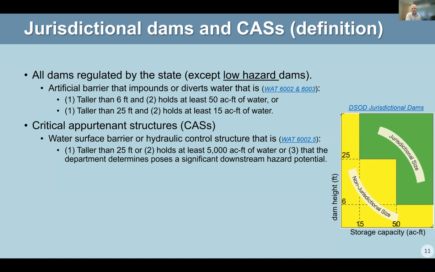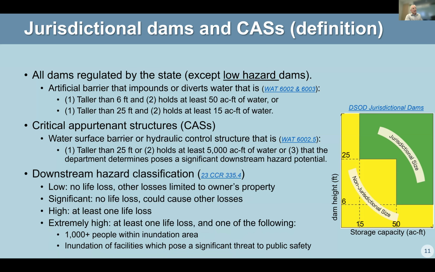Or there's another clause that if the department thinks it's a hazard. For our purposes, these critical appurtenant structures are really weirs, overflow weirs, spillway gates, or low-level outlets. I'll talk about them in a minute.